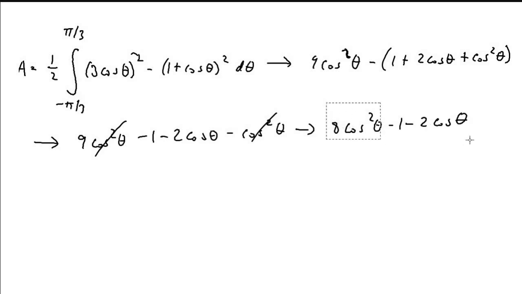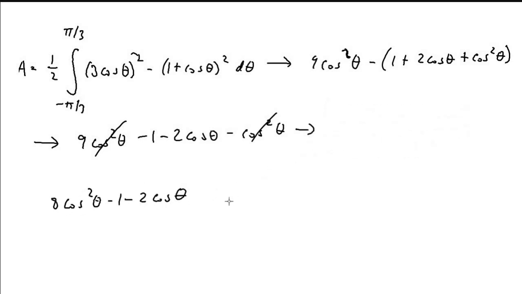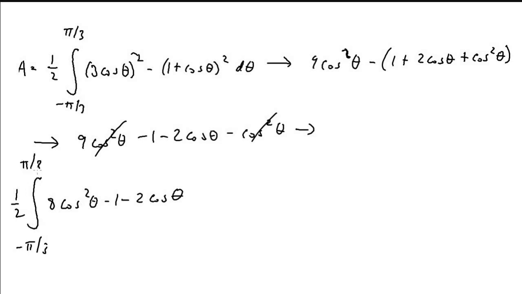So if I rewrite that in the integral, we get 1/2 times the integral from negative pi over 3 to positive pi over 3 of our expression here. Remember, since we have cosine squared, we need to use our half angle formula.